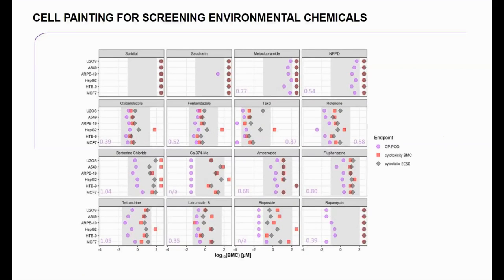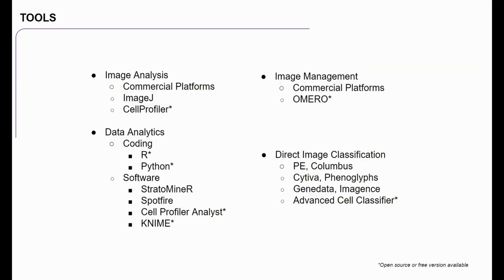What was also interesting is that you saw consistent responses across different cell lines. So if we think about the tools that you need to do some of this work, as regards image acquisition, all the large instrument manufacturers have automated microscopes, and there are also many smaller manufacturers now who are producing automated microscopes.